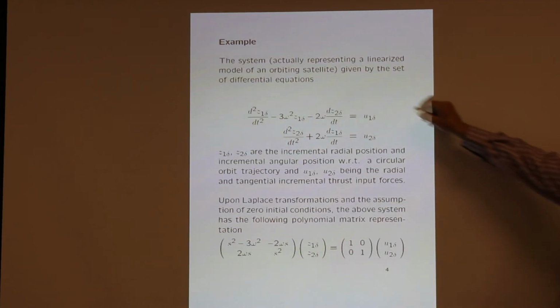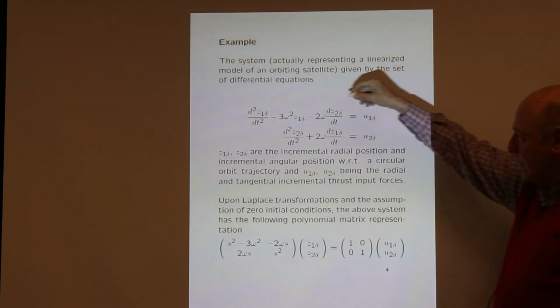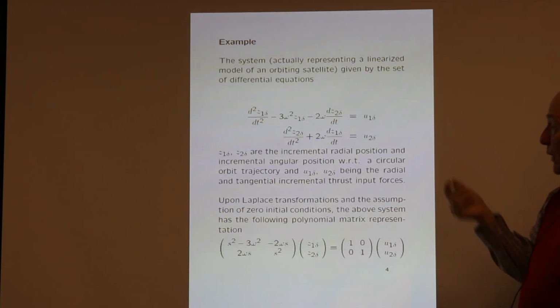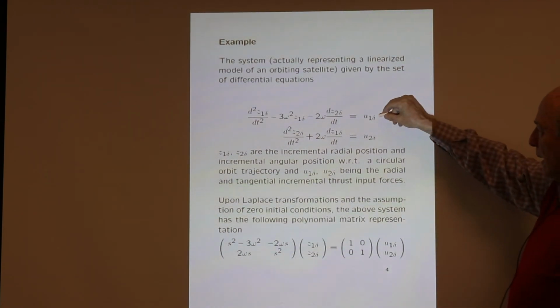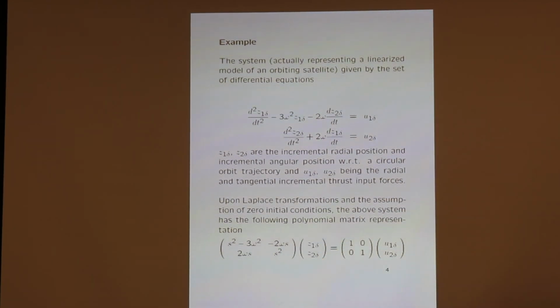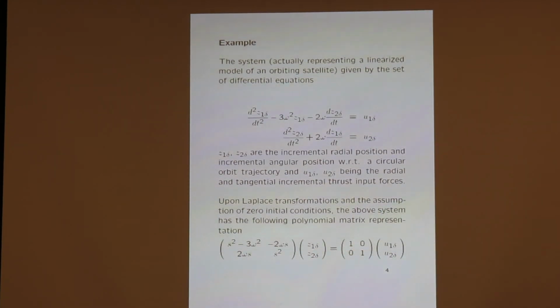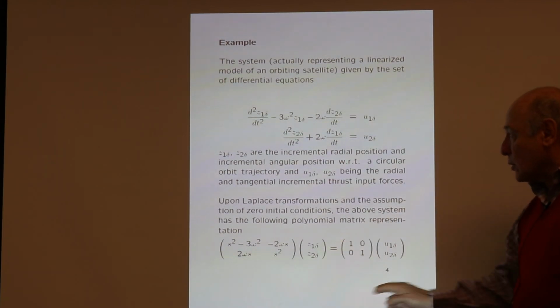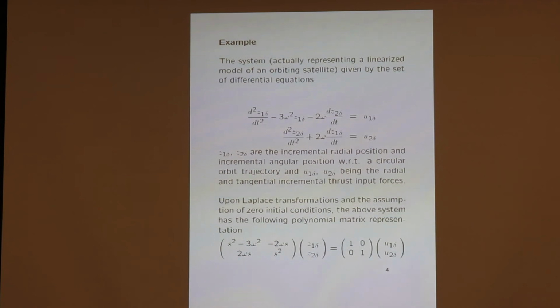So this system is a linear system. It has two states, C1 delta and C2 delta, or two variables that might qualify as state, and two control inputs. It turns out that you can write it without much effort by taking a Laplace transform. You can write it in polynomial matrix representation, with the advantage that in this particular case, the matrix Q is the identity matrix.